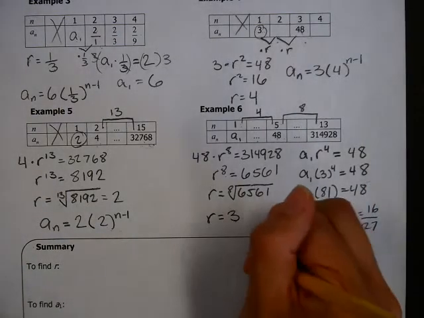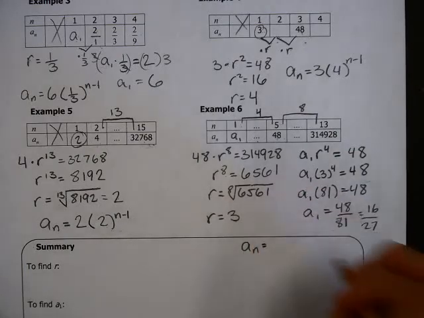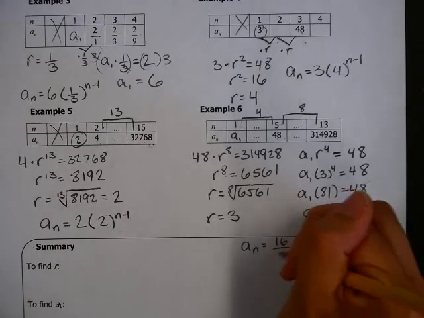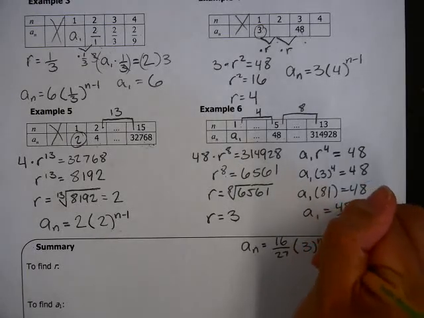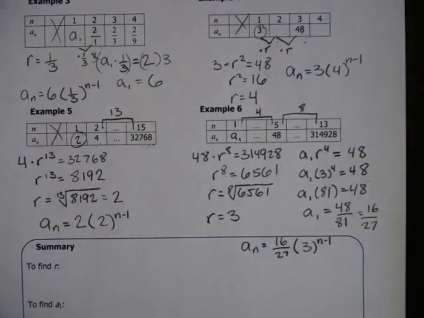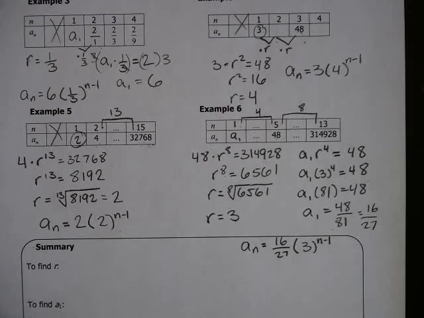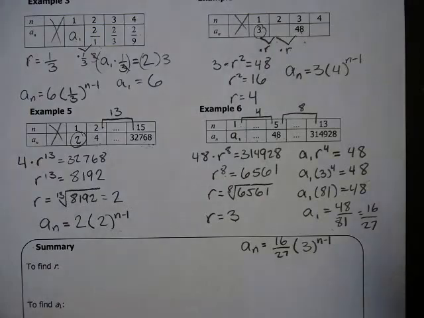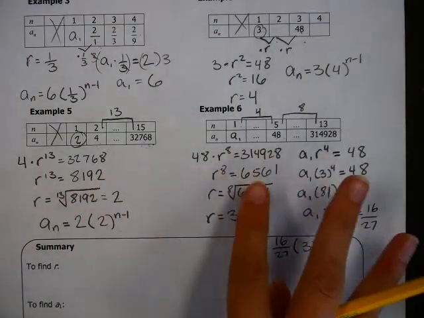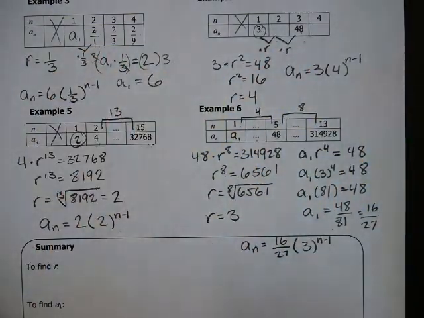So our formula here, a sub n equals 16 over 27 times 3 to the n minus 1. Now you go ahead, look over what we did here, and summarize for yourself, how do you find r, and how do you find a1? The easy ones, they're easy, you just look at the pattern. But take a focus here and try and describe what's happening in these harder problems.